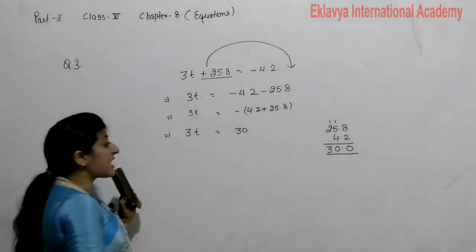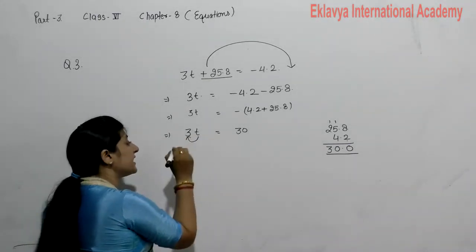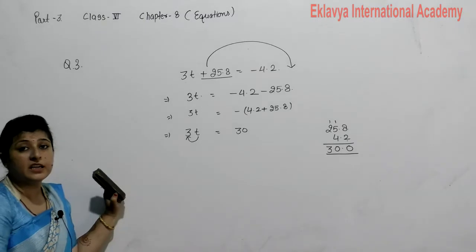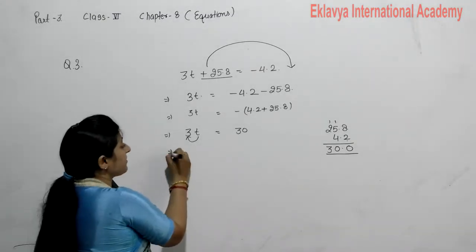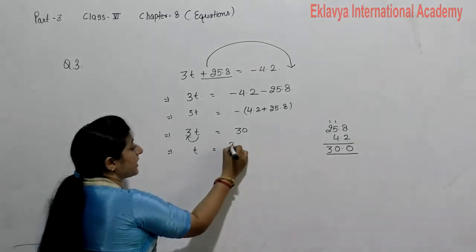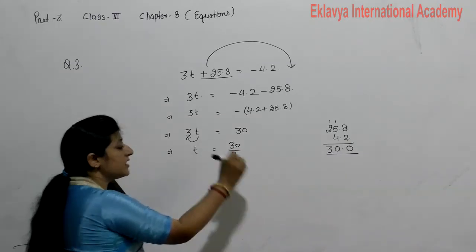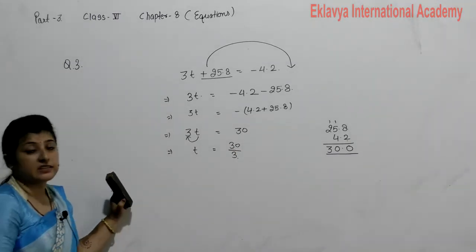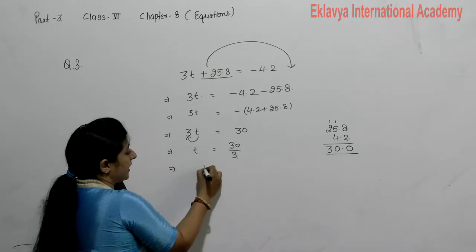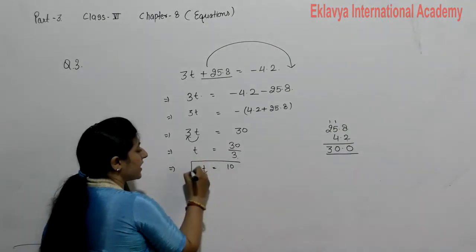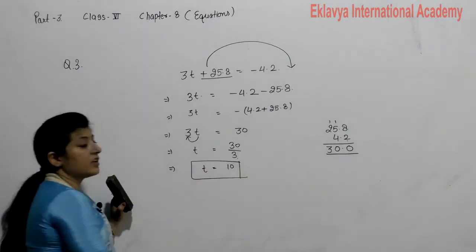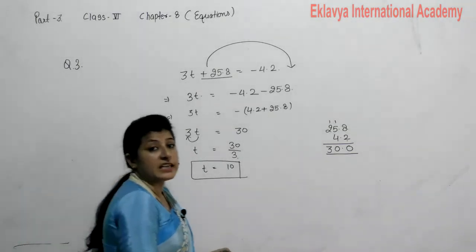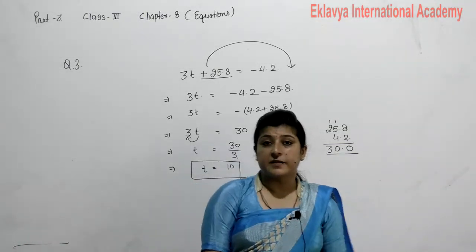In the second step we check that with t there is a multiplication by 3. So when you solve this step, this 3 will come in division to the right hand side. Then t becomes 10. It means the value of this unknown variable is equal to 10.